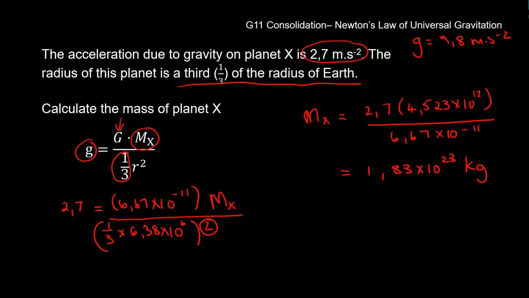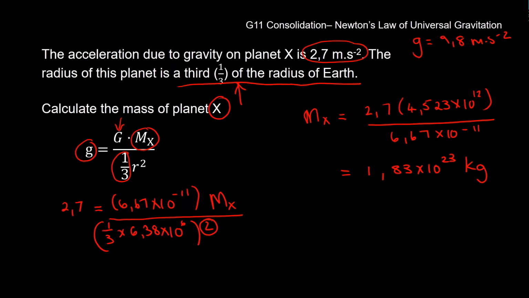We've been told that a third of the radius of the Earth is going to give us the radius for planet X. So we're thinking, well, this planet X must then have a smaller mass than Earth.